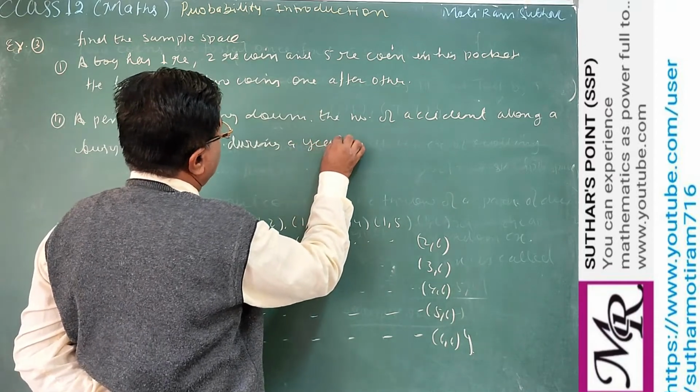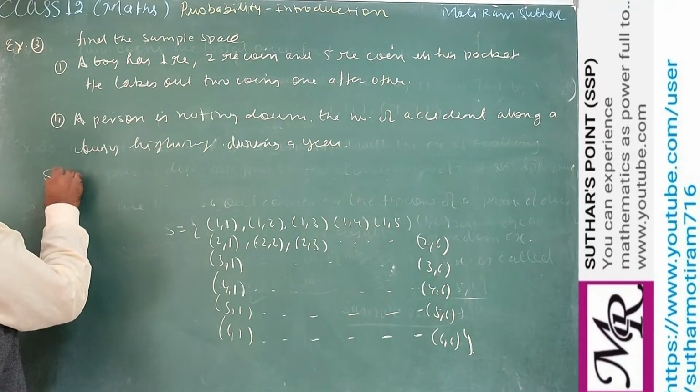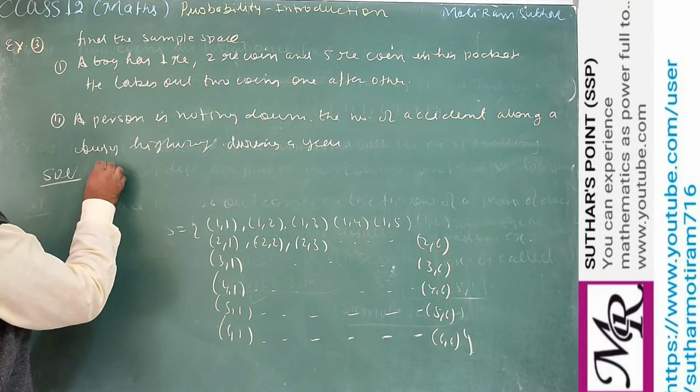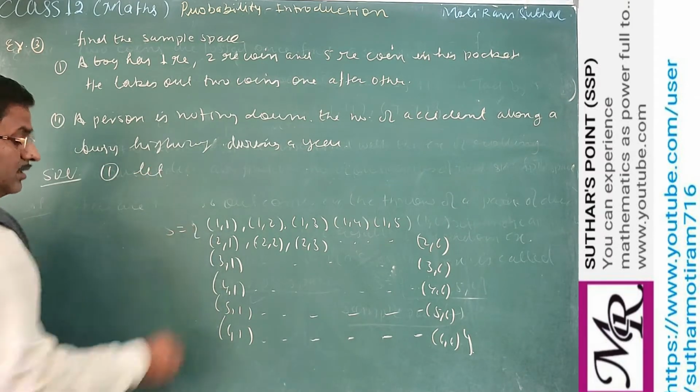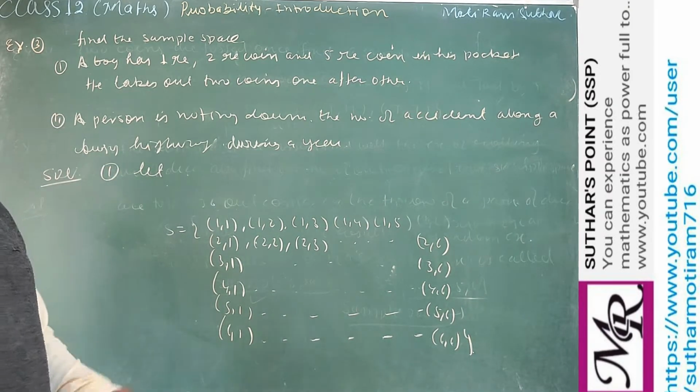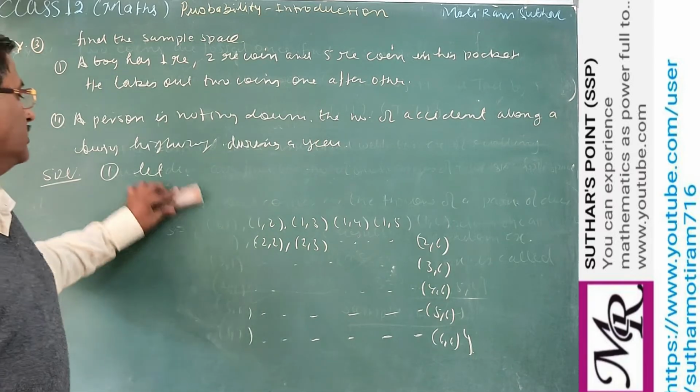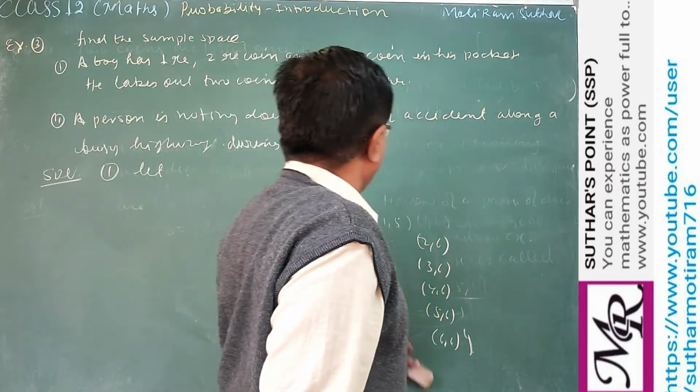So for both the cases you have to write a sample space. Clear? Now suppose, in the first case a boy has three types of coins, so we may mark them as P, Q, R.